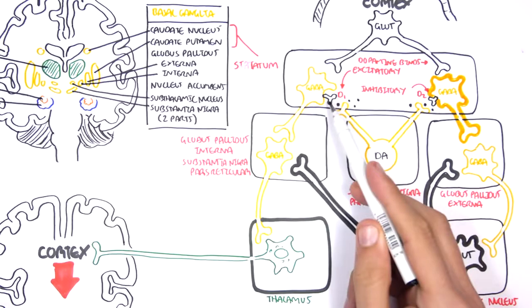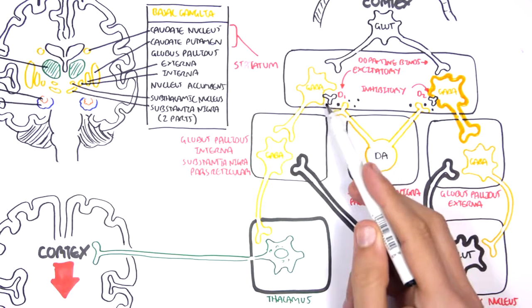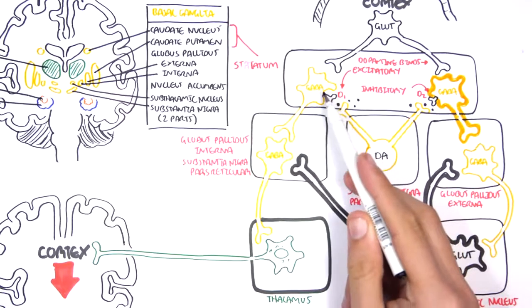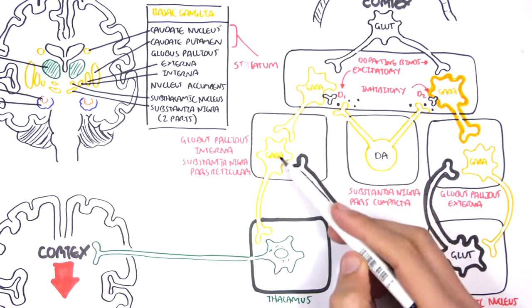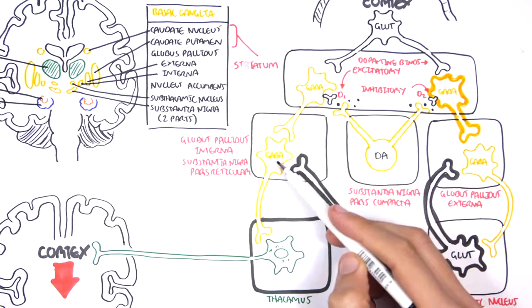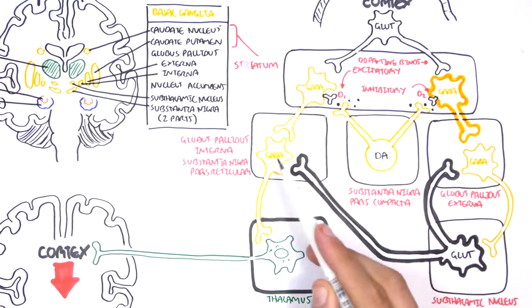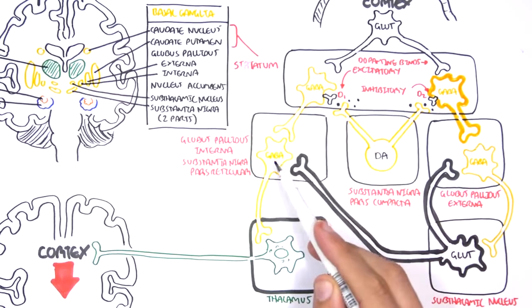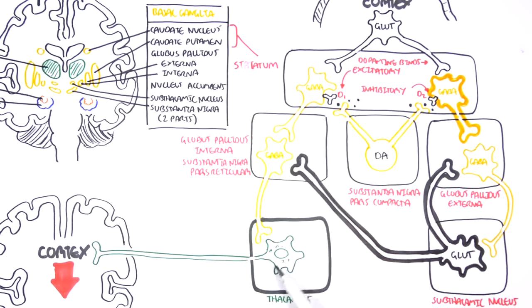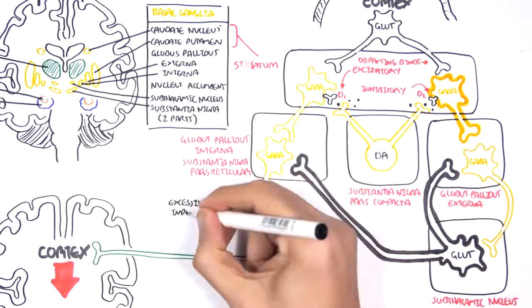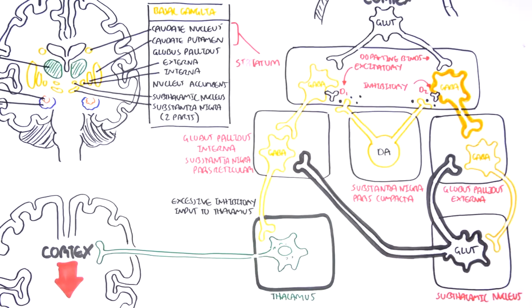Similarly, because we have no dopamine, the dopamine does not bind onto the D1 receptor. And so the GABAergic neuron that normally inhibits the globus pallidus interna neuron is not stimulated. And as a result, we have an overactive GABAergic neuron from the globus pallidus interna to the thalamus. So we have excessive inhibitory input to the thalamus.